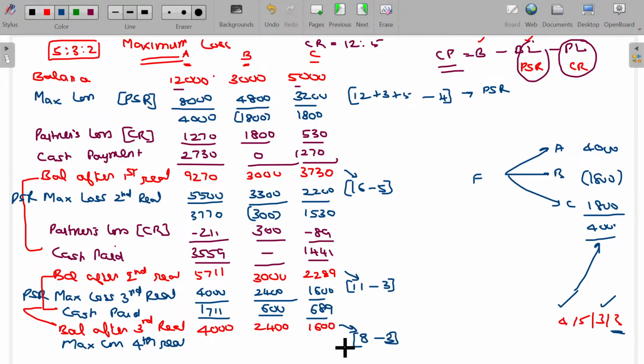So the maximum loss being 5,000 will be shared among the three partners using PSR. 5,000 if you share in the ratio of 5:3:2, 2,500 for A, 1,500 for B, 1,000 for C. After that, the balance you get here is 1,500, 900, 600. No negative. If you don't have negative, there is no partner's loss. This will be final cash payment. So cash paid.